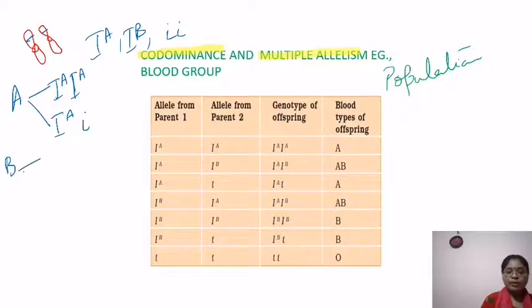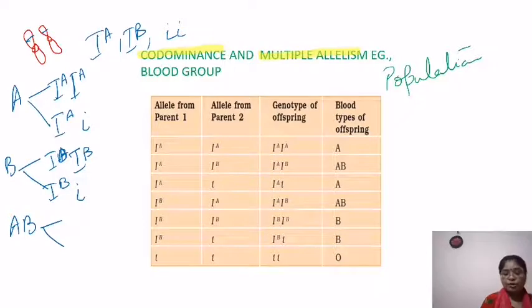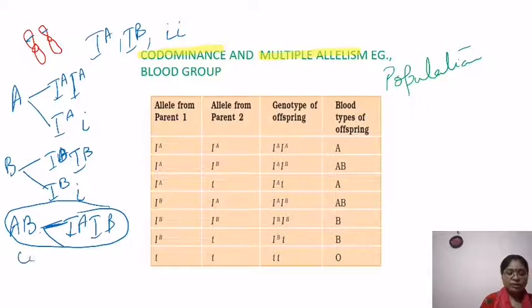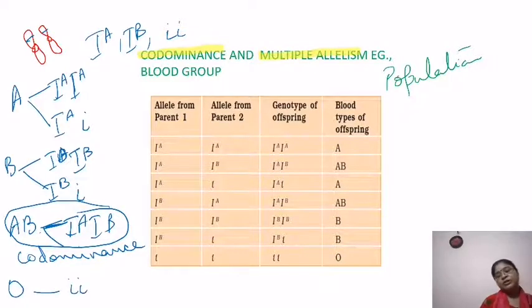If it is blood group B, it can be represented by IB IB, or IB i. But if it is AB, it is represented by only one allelic composition, IA IB. This is the case of codominance, where both the dominant alleles are able to express themselves. And blood group O has only one allelic composition, that is both recessive alleles.